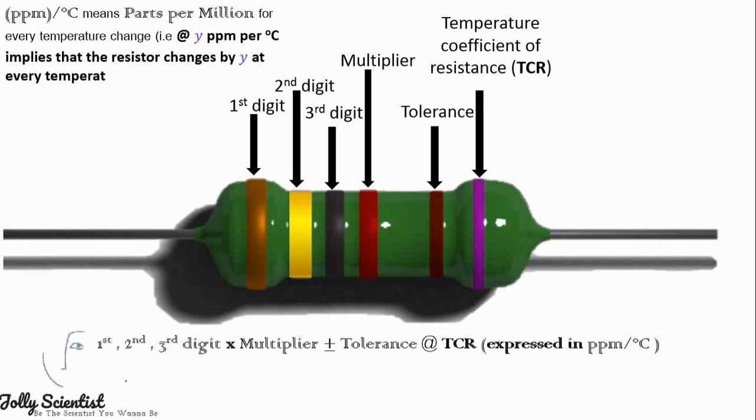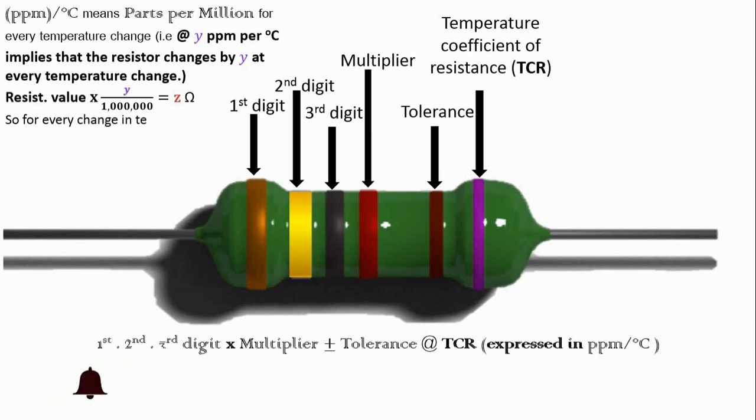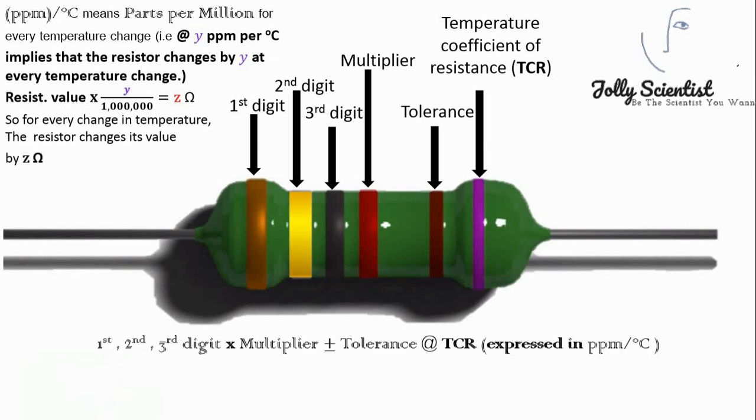That is, at y ppm per degree Celsius implies that the resistor changes by y at every temperature change. So to calculate this, we say the resistor value times y divided by 1 million equals Z ohms. So for every change in temperature, the resistance of this resistor changes its value by Z ohms.